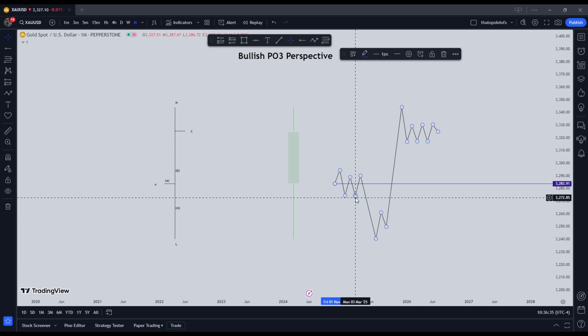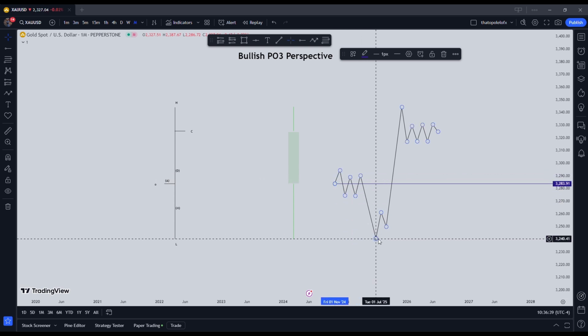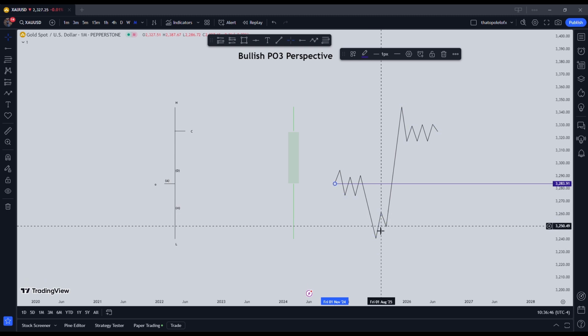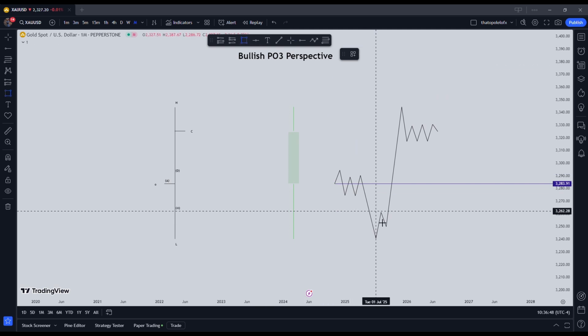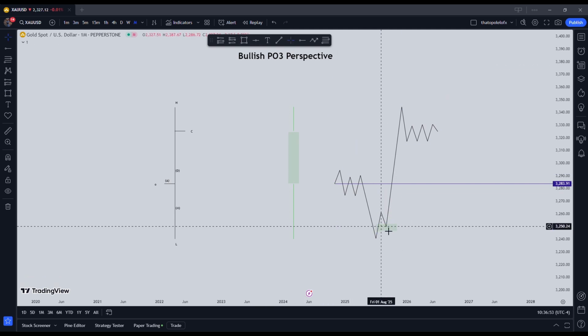So if we're expecting bullish prices, we want to see price go down, and then the market structure shift that we always look for, and then maybe our FVG is right here. This is our FVG, our fair value gap. This is where we buy.